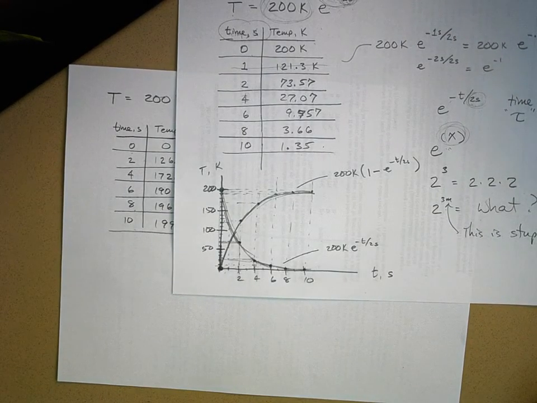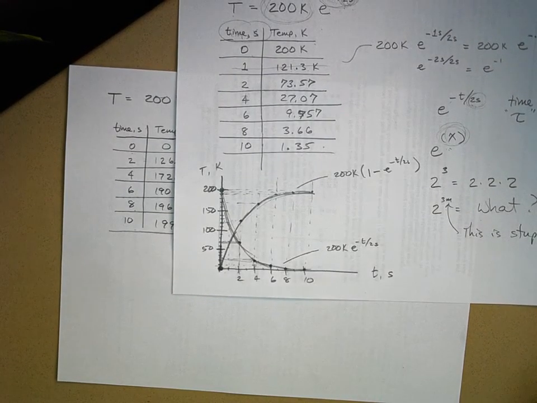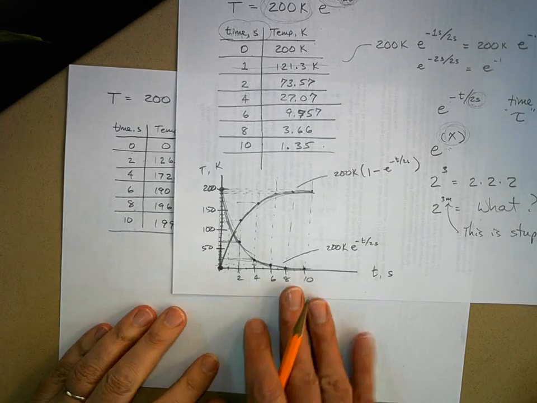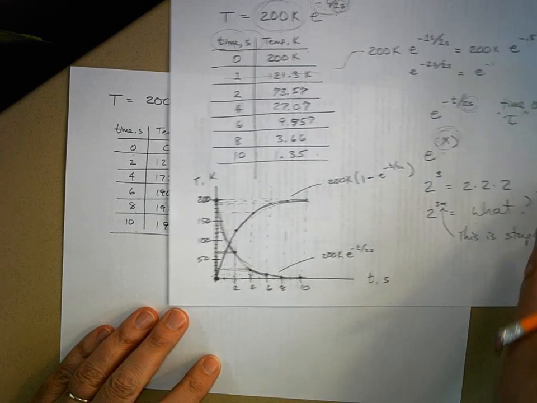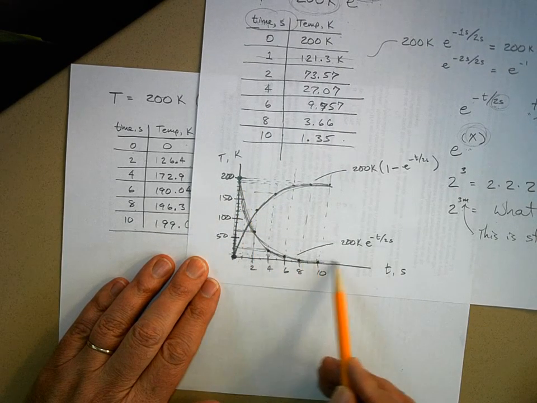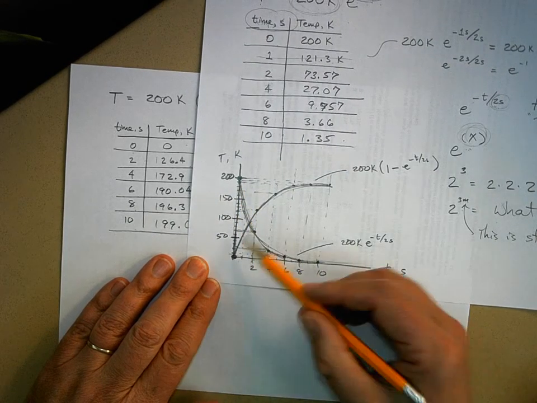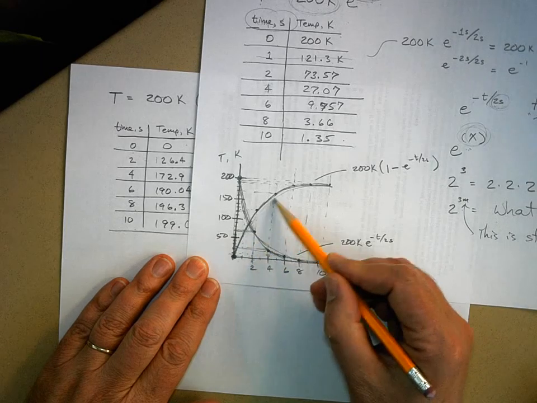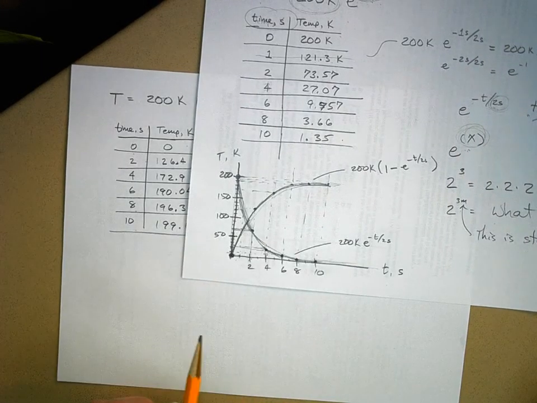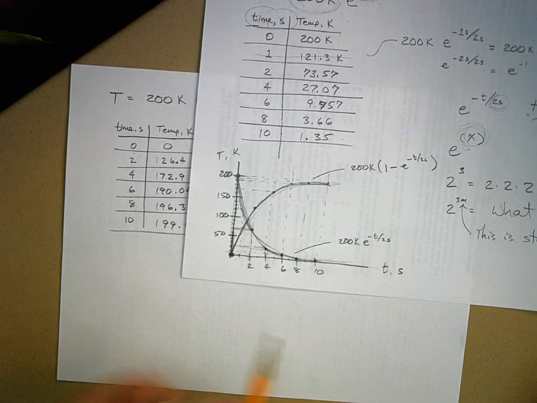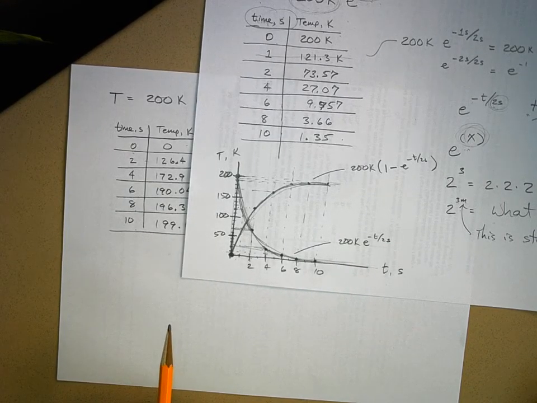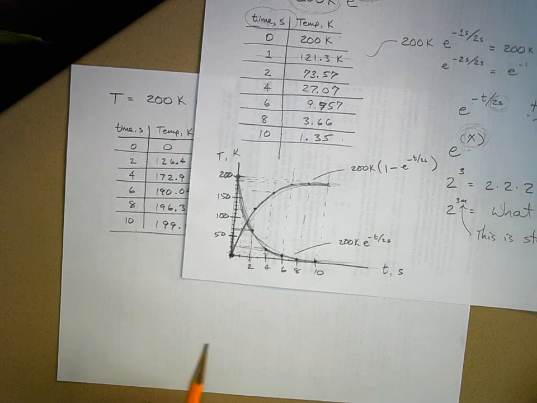You take one graph, you flip it, you get the other one. Yeah, that's not a coincidence. This graph approaches 0 but never reaches it. This graph starts at 0 and approaches 200 Kelvin but never reaches it. And there's some other properties of these graphs that are really, really cool. And we're going to be using a lot of them.